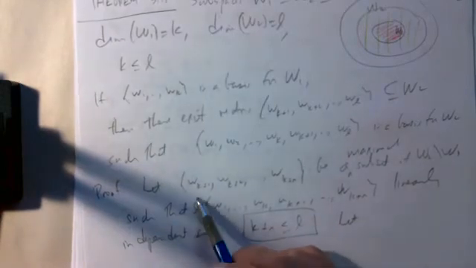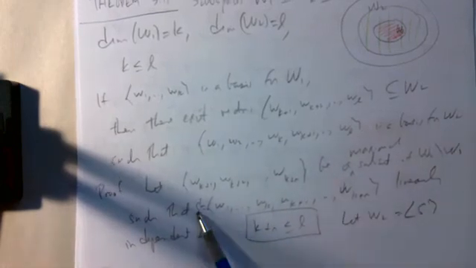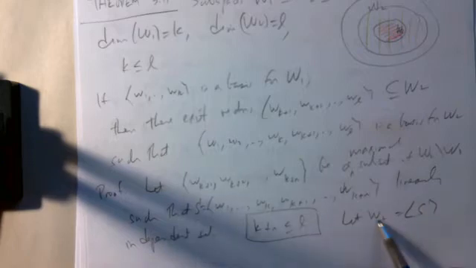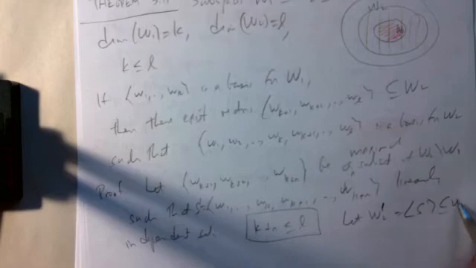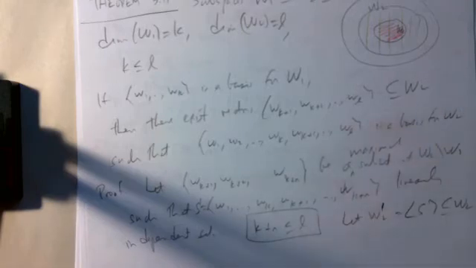Let's call this set S prime, and let W2 prime be the subspace generated by S prime. So W2 prime is contained in W2 because S prime is contained in W2.